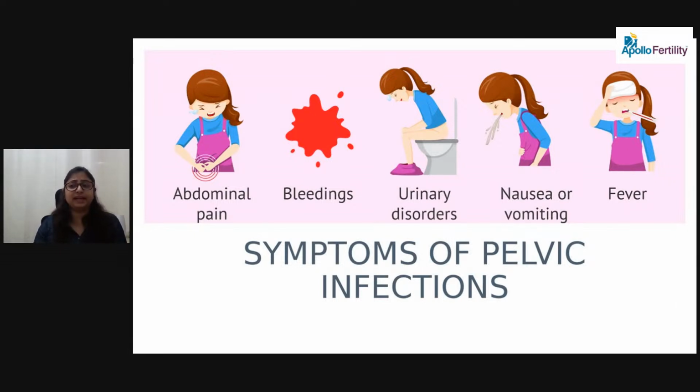If all these are not treated properly, the infection can become severe and cause fever. Fever, nausea and vomiting come at a later stage, when the infection has not been treated and has been there for a long time. These are the basic symptoms of pelvic infection.